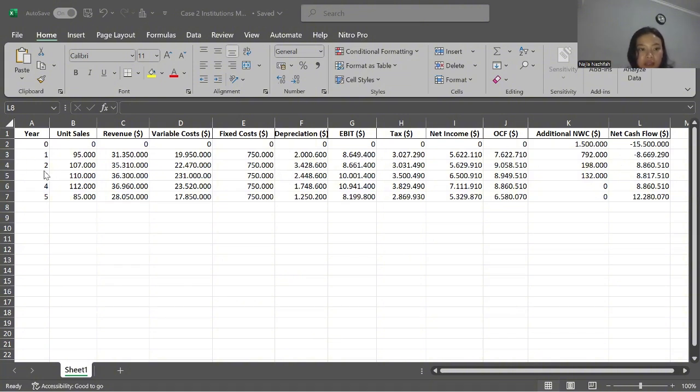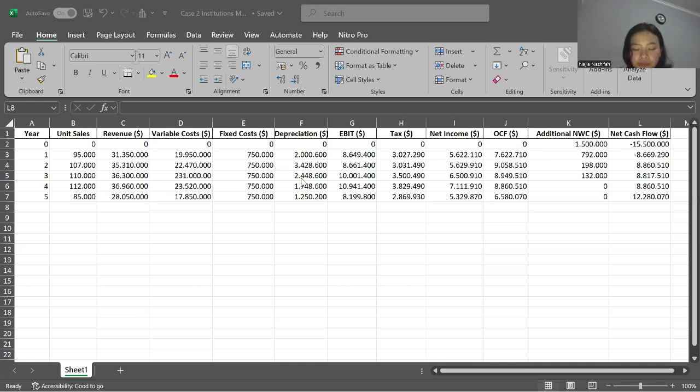Next is third year. The unit sales for third year is 110,000, and the revenue is 110,000 times 330, we got $36,300,000. And variable cost is 110,000 times 210 equal $23,100,000.